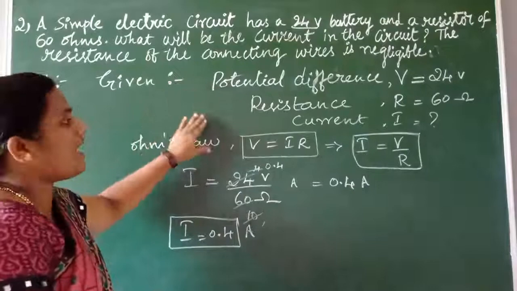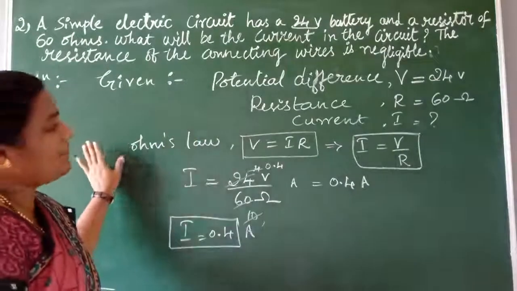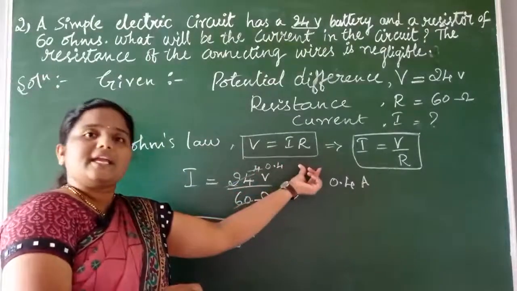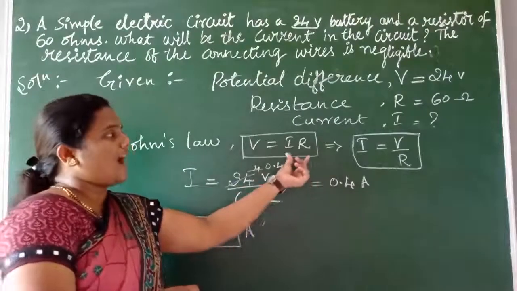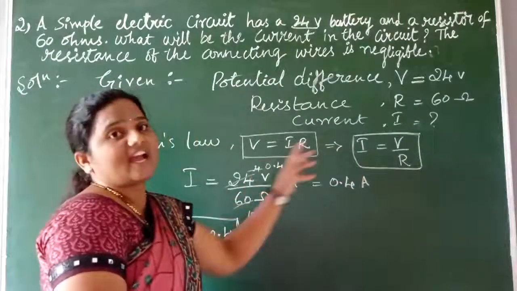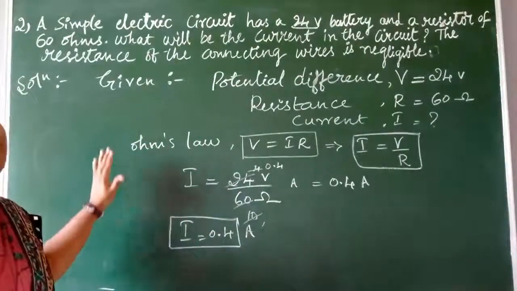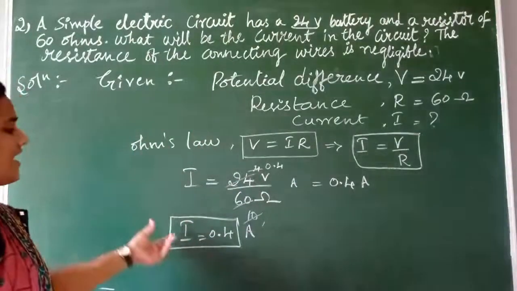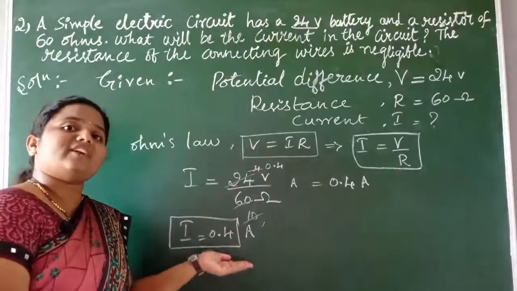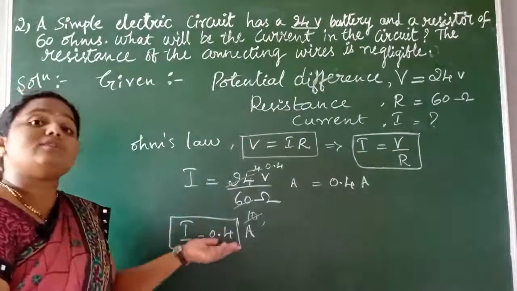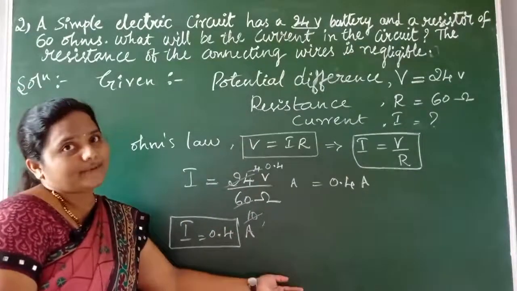After that you have to use Ohm's law, the equation V is equal to I into R, and rewrite it in terms of current. Then we have to substitute the given values. So finally we will get the value of current, which is equal to 0.4 amperes.